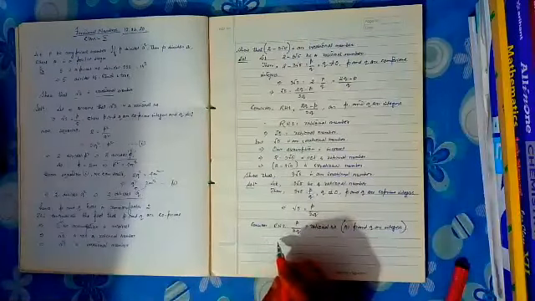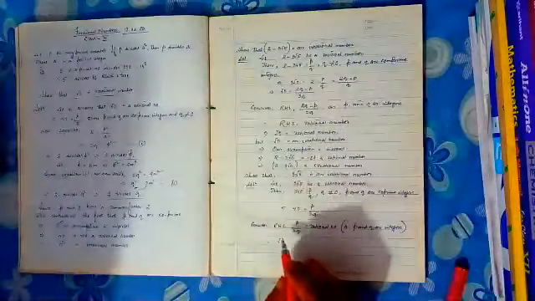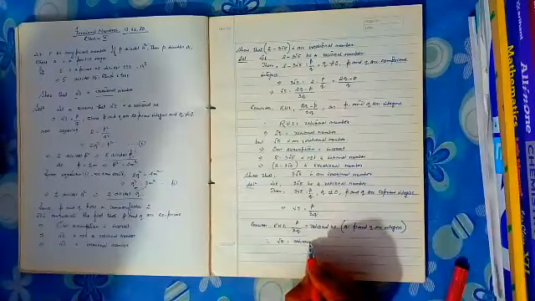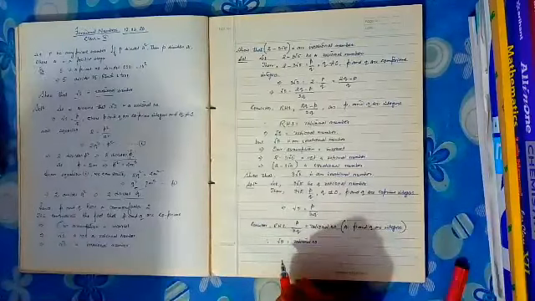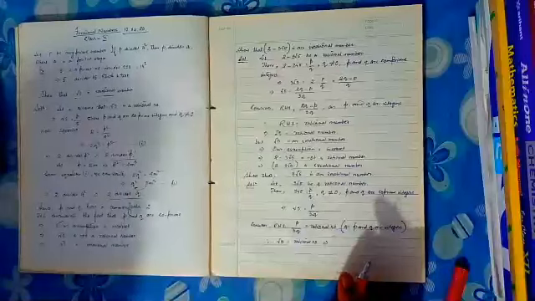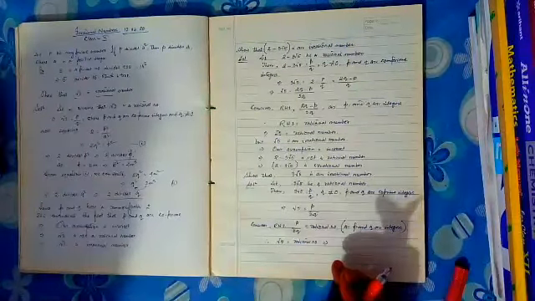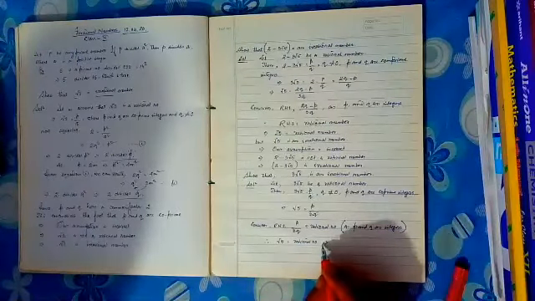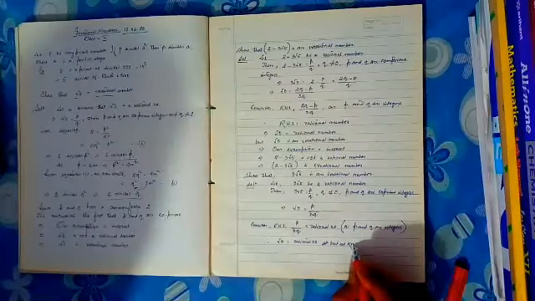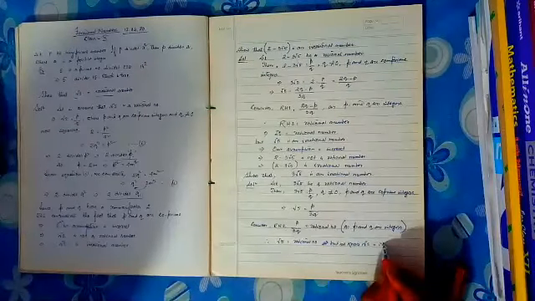Therefore, what you get? Root 5 is equal to a rational number. But we know root 5 is irrational.